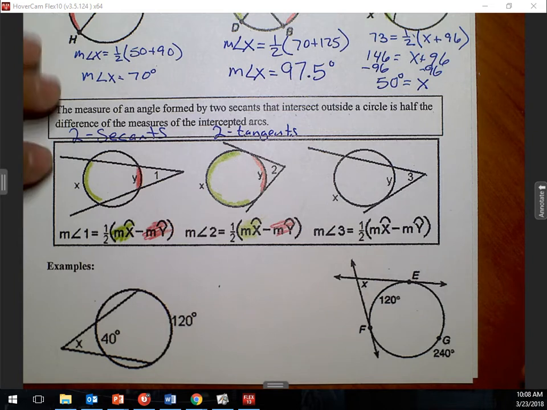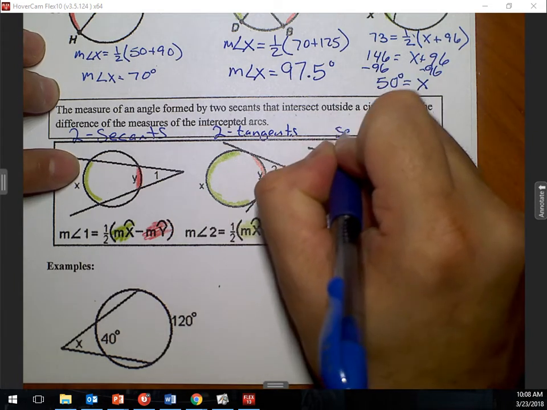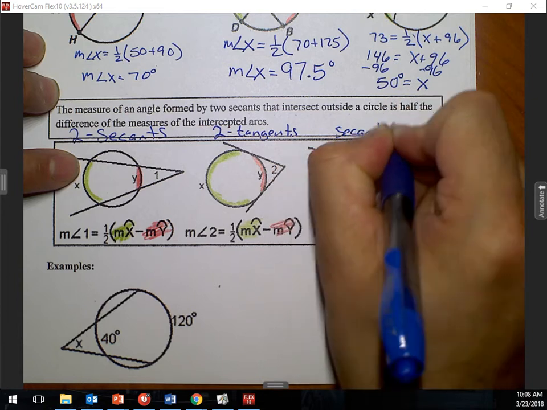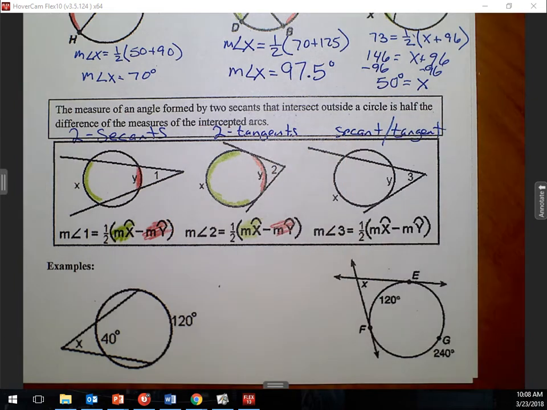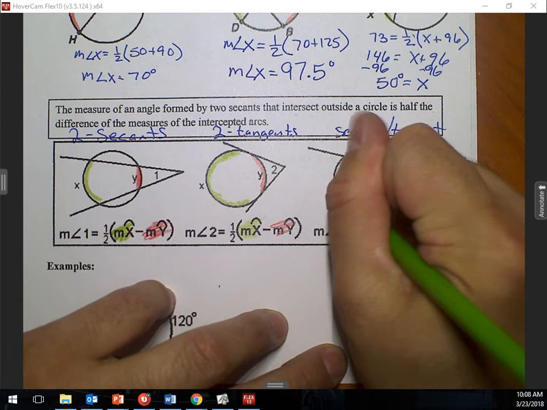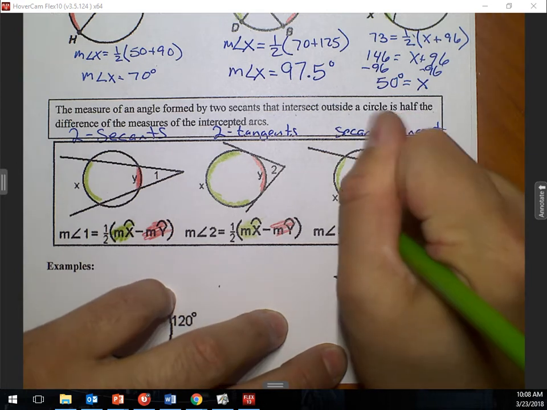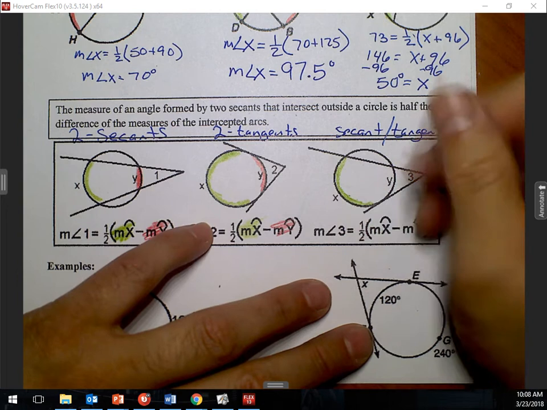So this next one right here is a secant and a tangent. So I have the big one, which is on the outside here, and I have this one here.